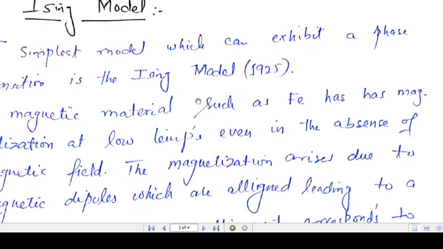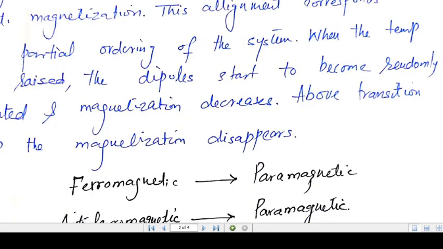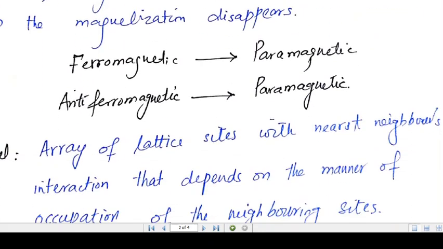But we can only solve the one-dimensional model exactly. Or we can also solve the two-dimensional model as well, but in the absence of a magnetic field. The other cases can be dealt with by using some kind of approximations and computer simulations. So let's discuss this Ising model.